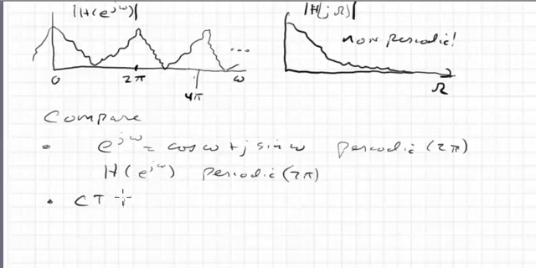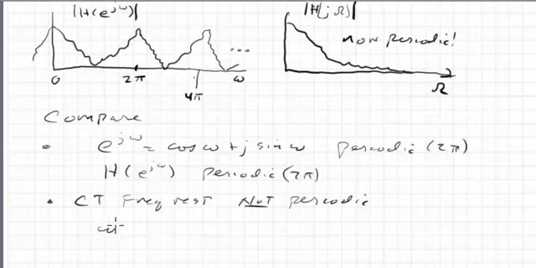On the other hand, if you think about the continuous time frequency response, it's not periodic. We showed that. So we can't use this terminology anymore. We can't use H(e^(jΩ)) with the different frequency variable, because this would have to be periodic, since e^(jω) is periodic, just using Euler's identity.